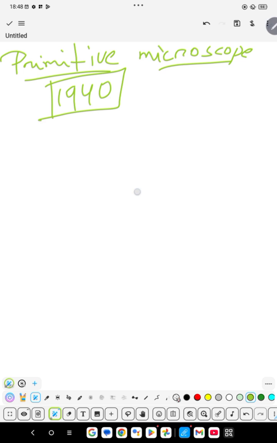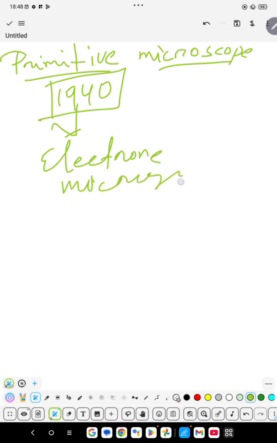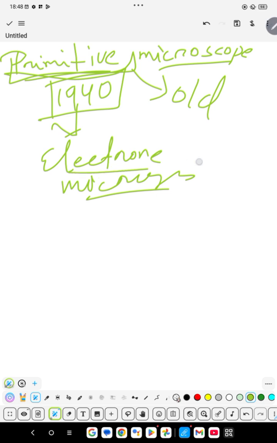Okay, because in 1940 the electron microscope was developed. And one more thing, whenever we see the word primitive, it means old, ancient, traditional. So it is less developed as compared to the electron microscope.